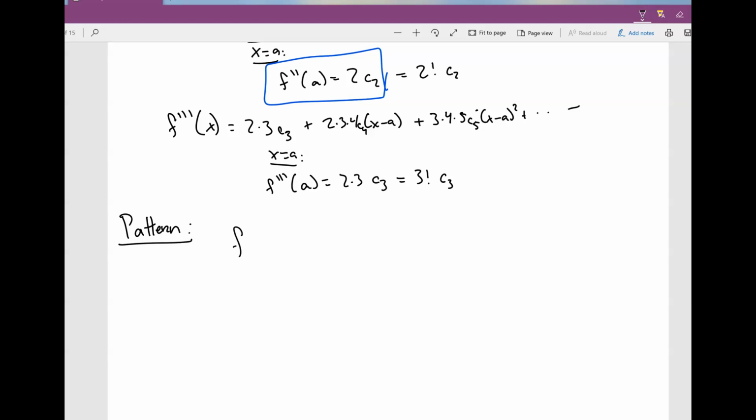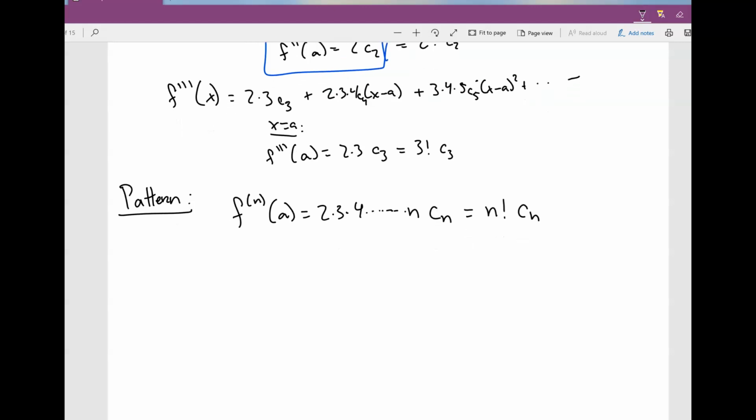the nth derivative, whatever this is, when I plug in the value of a. So if I were to take the derivative of this n different times, and I plug in a, what I'm going to get is 2 times 3 times 4, all the way until I get to n cn, which is basically n factorial cn.